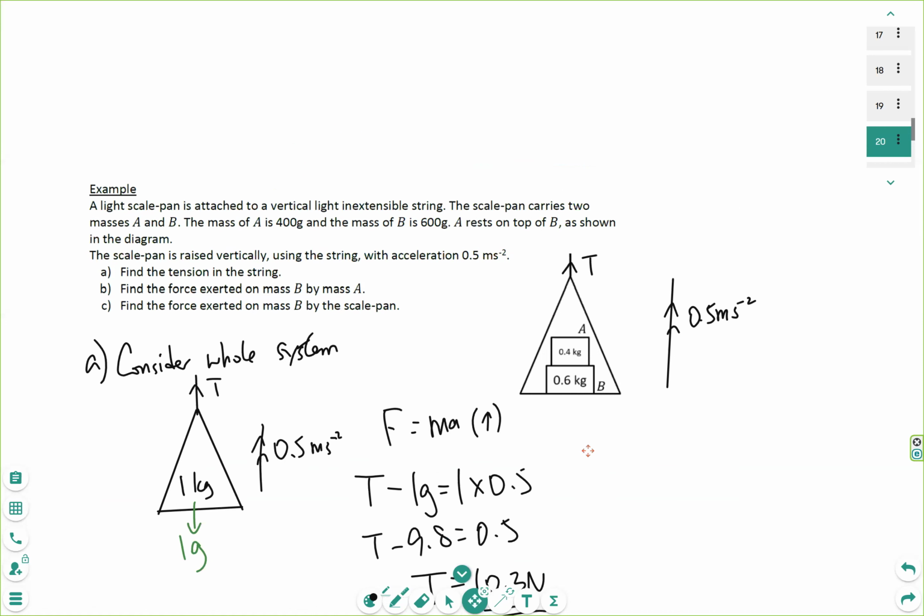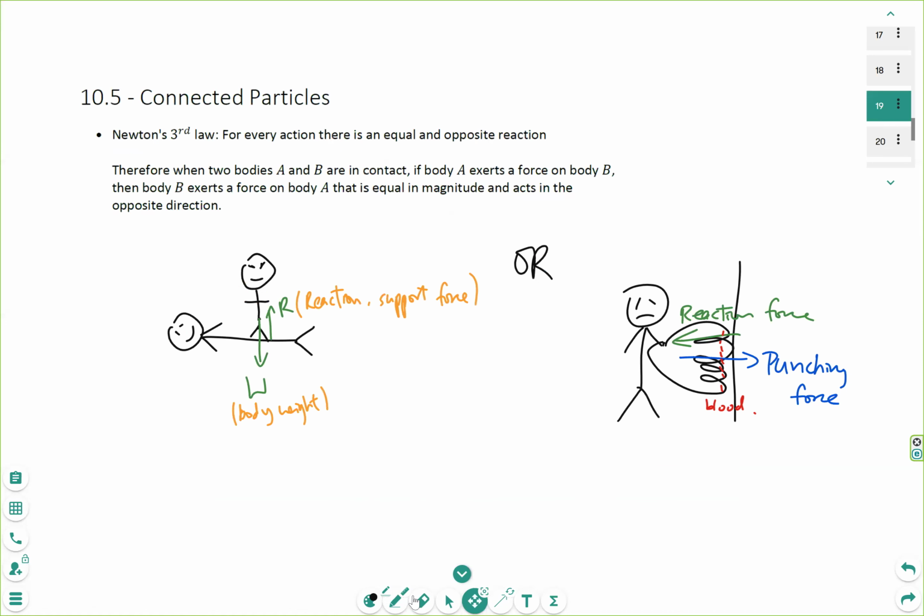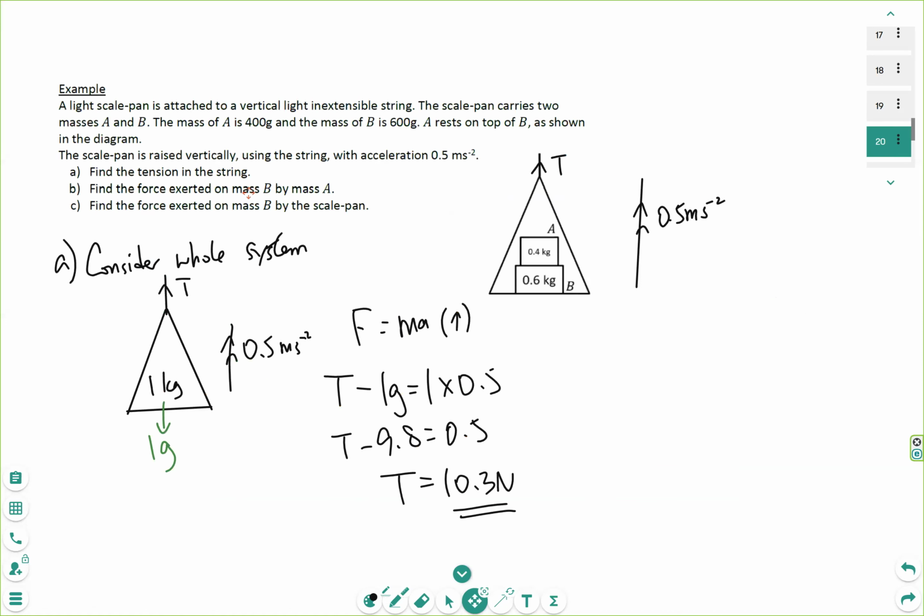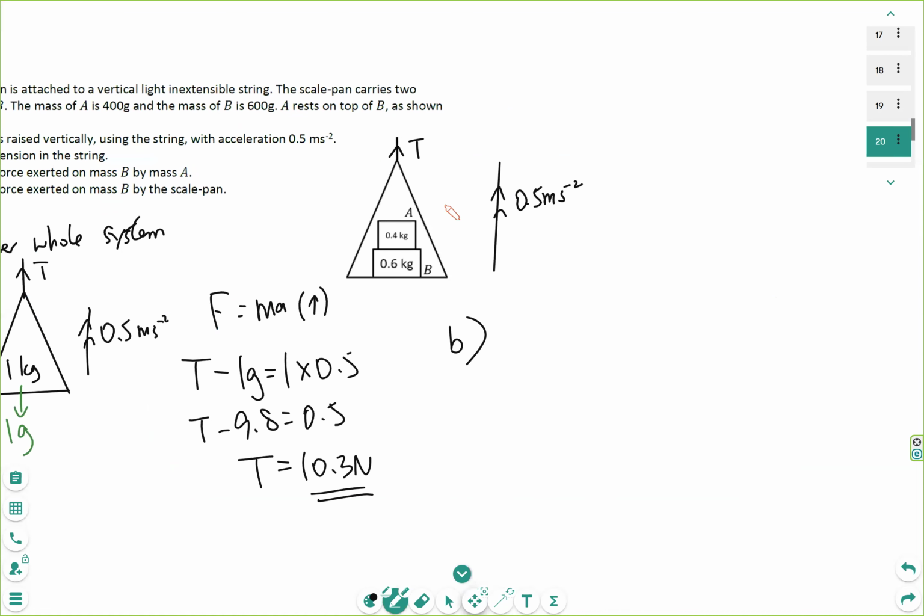So that's the sibling situation like the previous one. What force is exerted on B by A? So let's have a look. Particle A is 0.4 kilogram, and B is 0.6 kilogram.